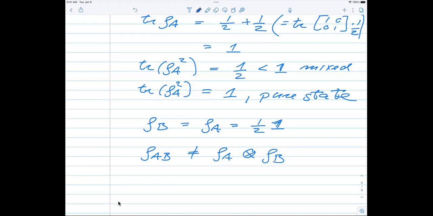And that's also an important property which is useful when we are setting up the total density matrices. Because if it had been, then rho of AB would just have been a tensor product of the two subsystems, and then we could define precisely in which kind of state subsystem A is and subsystem B is.